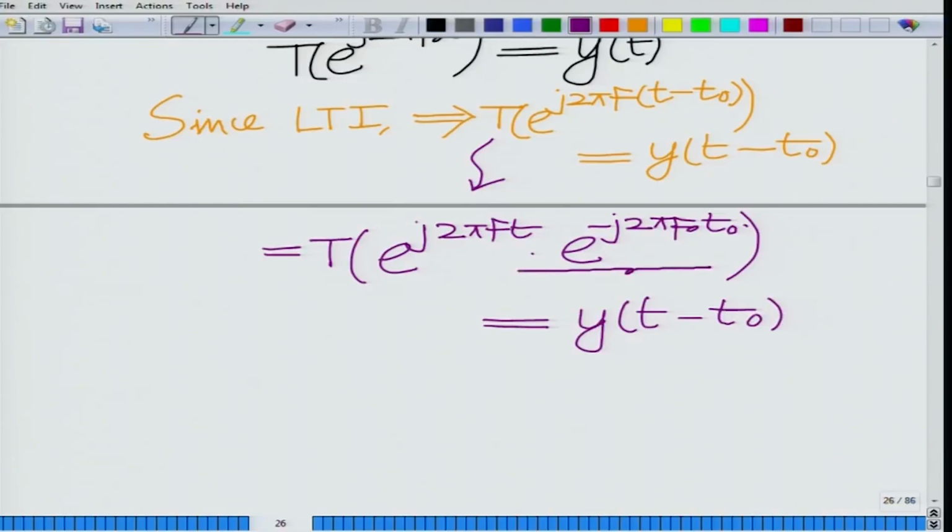Now look at this: e to the power of minus j 2 pi f naught t naught is simply a scaling factor, because f naught is a constant and t naught, the delay, is a constant, I mean we are assuming. So this is simply a scaling factor, similar to your scaling factor alpha.